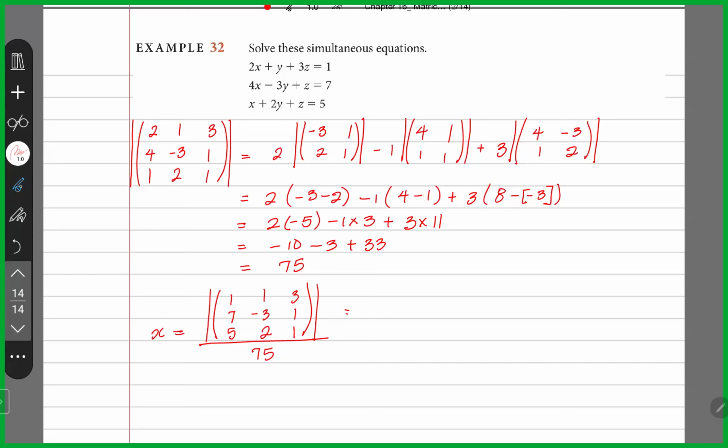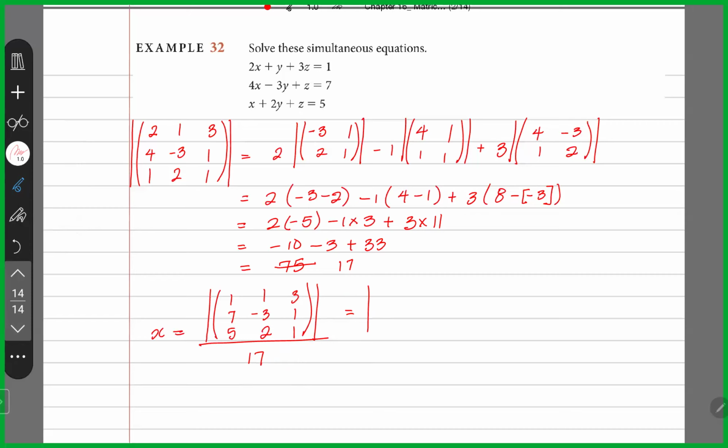And so this would not be 75. It would be what? 17? Looks like 17. And so this is 17 here.